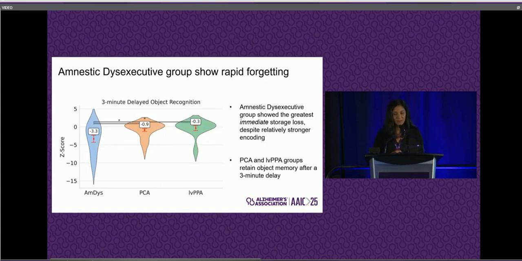When we looked at memory for objects after a short delay, after just 3 minutes, we found significantly impaired performance in the amnestic dysexecutive group. So despite showing relatively stronger encoding, we found that this group, the amnestic dysexecutive group, had the greatest immediate storage loss. In contrast, PCA and LVPPA groups retained object memory after a 3-minute delay.